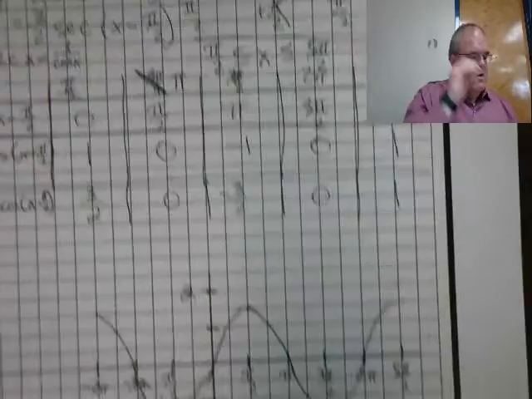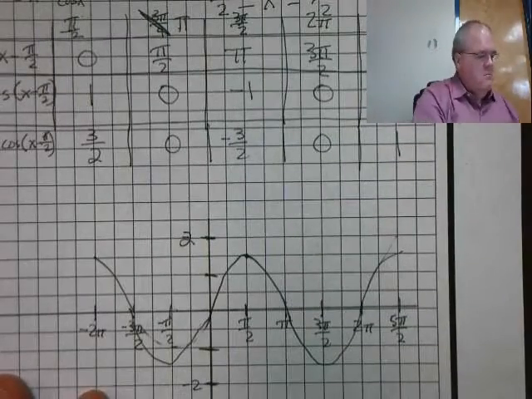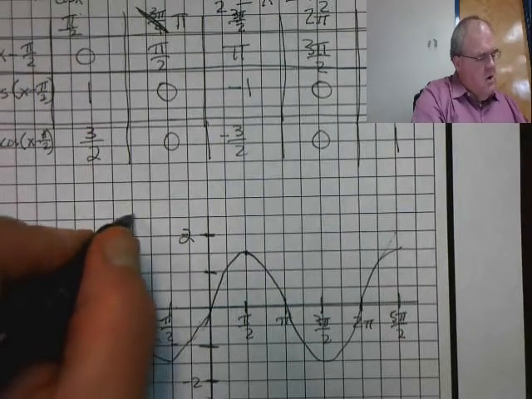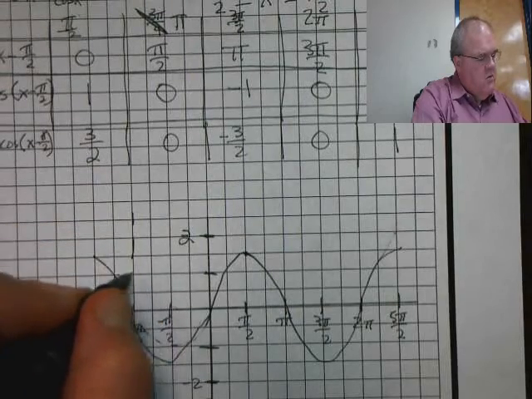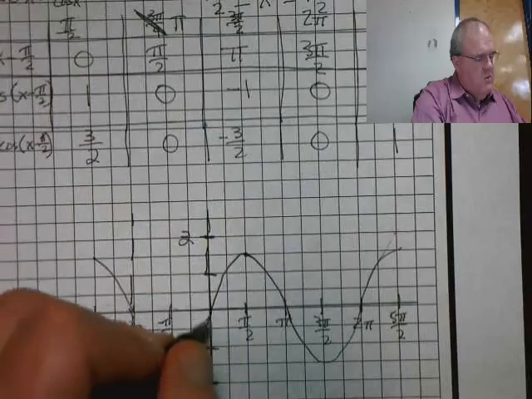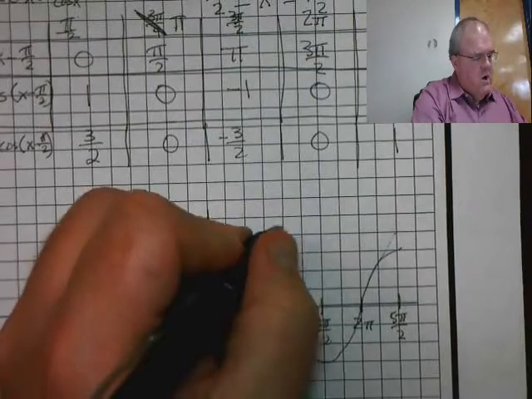All right. So there's what our curve looks like. That's our cosine curve. Our secant curve, we have to draw our asymptotes. And our asymptotes are wherever we hit y equals 0.